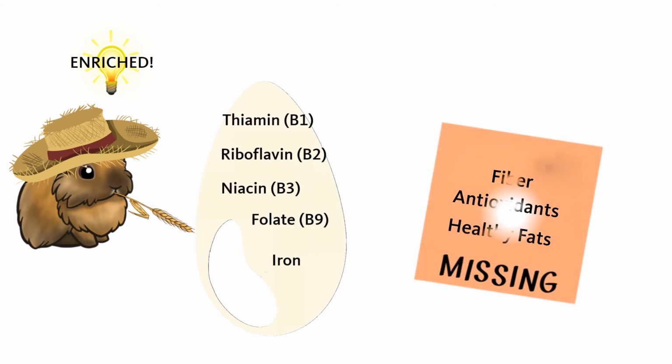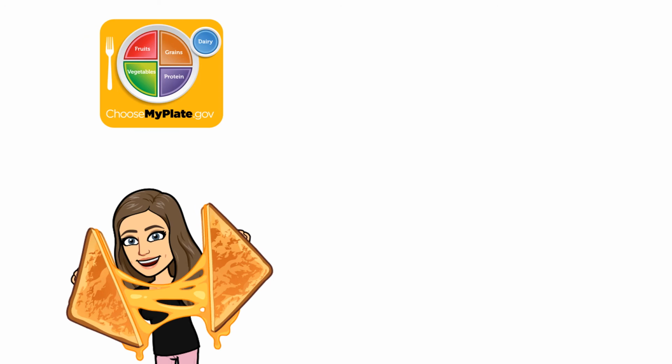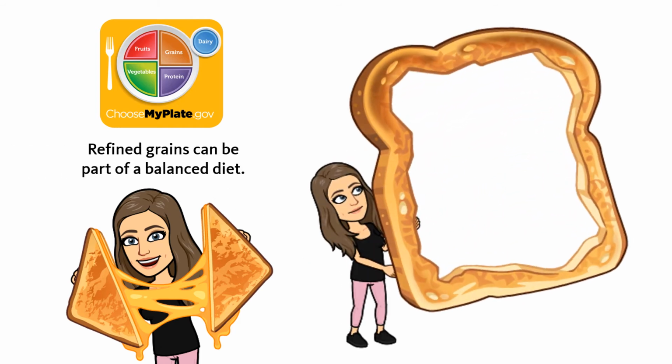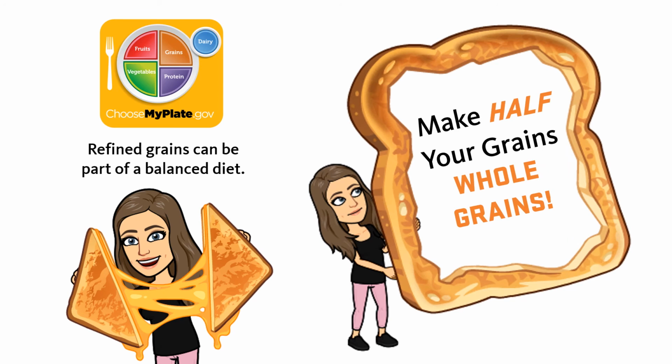Unfortunately, we are still missing out on some of the nutrition benefits whole grains provide us. So what can we conclude? While the best solution is to simply eat whole grains, the enrichment process allows us to make refined grains part of a balanced diet, and why we say, make half your grains whole.